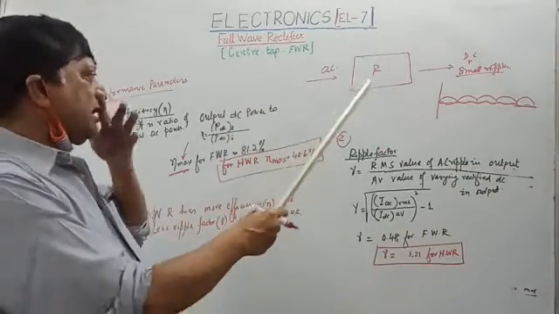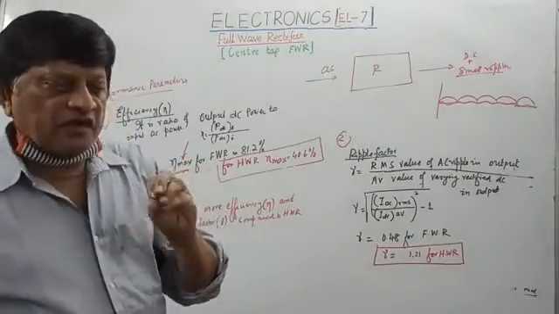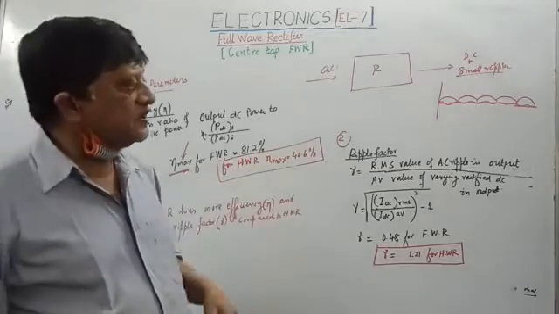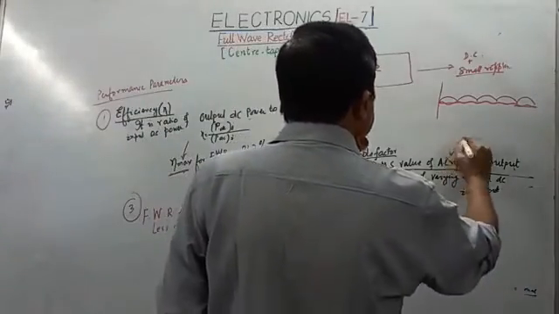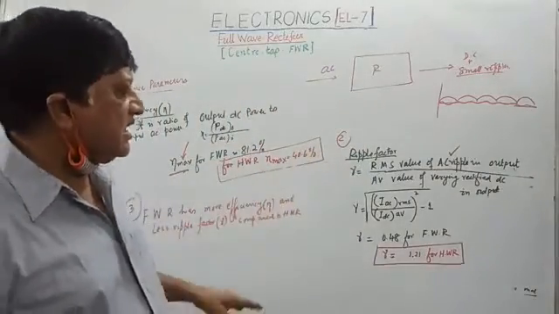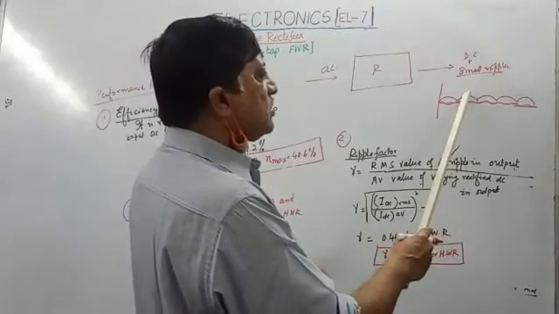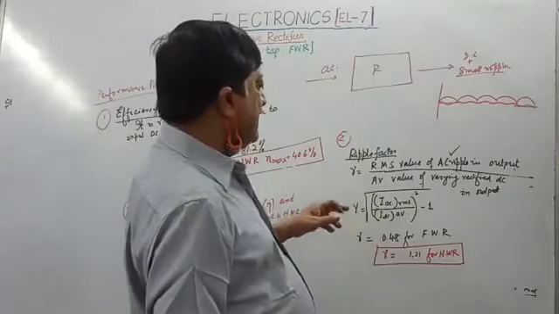So while the rectifier converts AC into DC, a small amount of ripples pass through from the input to the output section. That's why we do not want these AC ripples. Whether you wanted them or not, they are unwanted. That's why ripple factor tells how small the ripples are and how strong the DC is. So we compare these two things by a factor gamma.